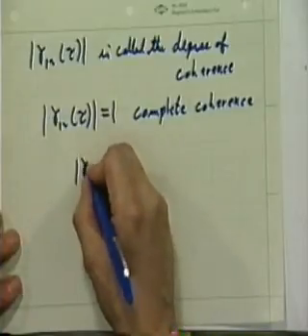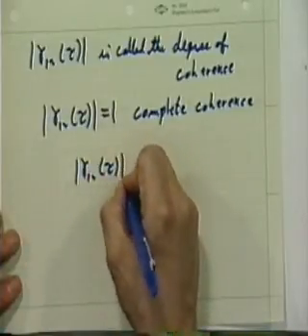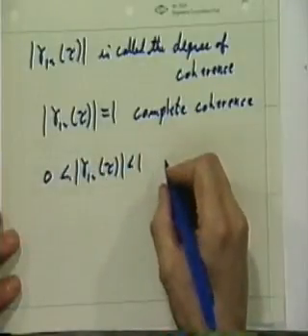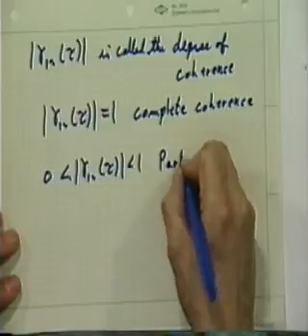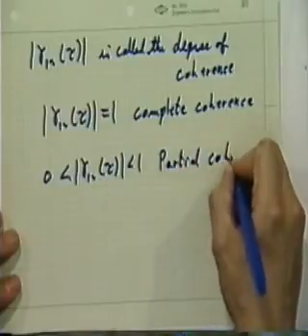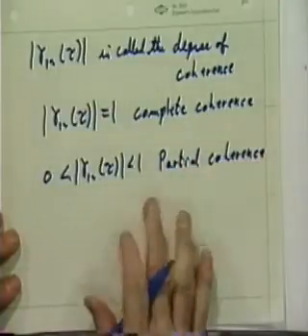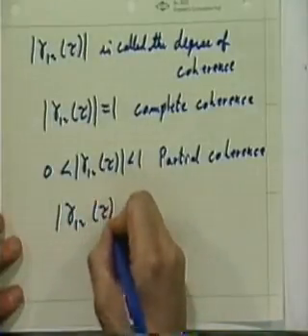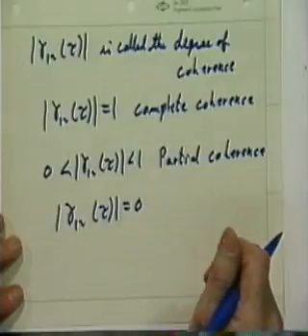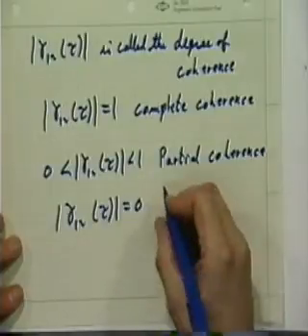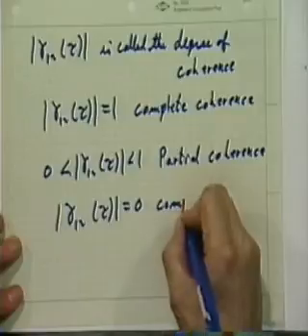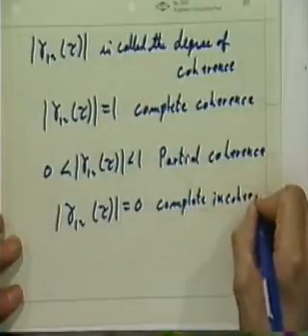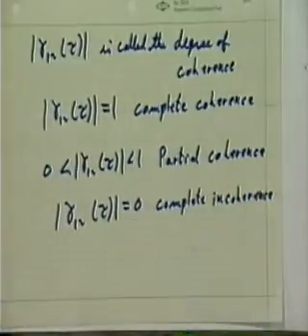If gamma 1/2 of tau is greater than 0 and less than 1, we have partial coherence. And if gamma 1/2 of tau equals 0, complete incoherence.